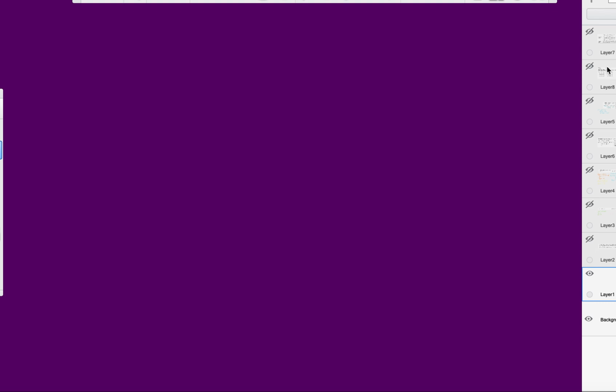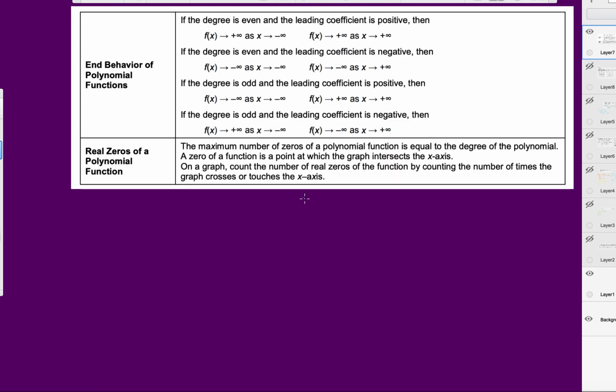One of the last things I want to show you, I believe, if I'm not mistaken, is this. Boy, does this look scary. Does that look scary to you? So we want to talk about the end behavior, or what an odd or even function looks like. All right? An odd function means the degree is odd, so it has a lead exponent that's odd.